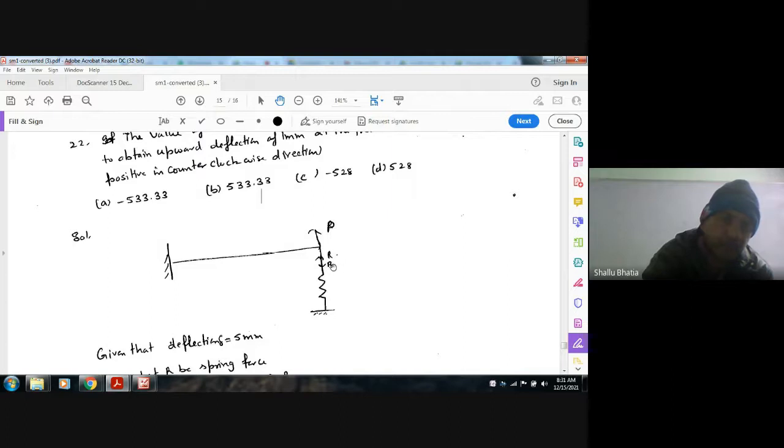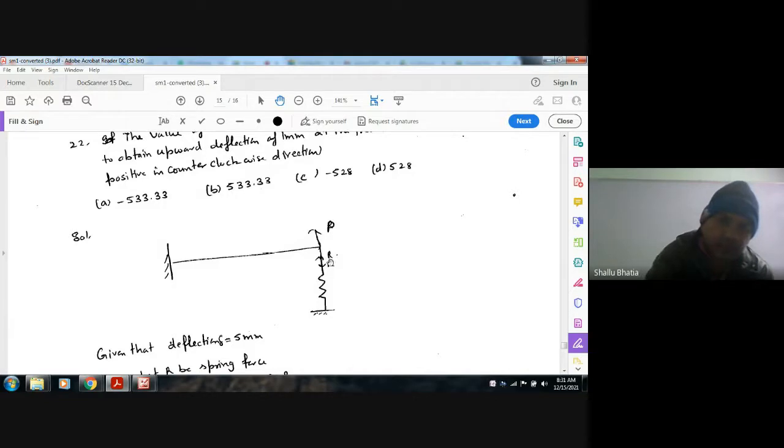The deflection of this beam will be resisted by the spring. So R is the reaction by the spring, and R will be acting like this.